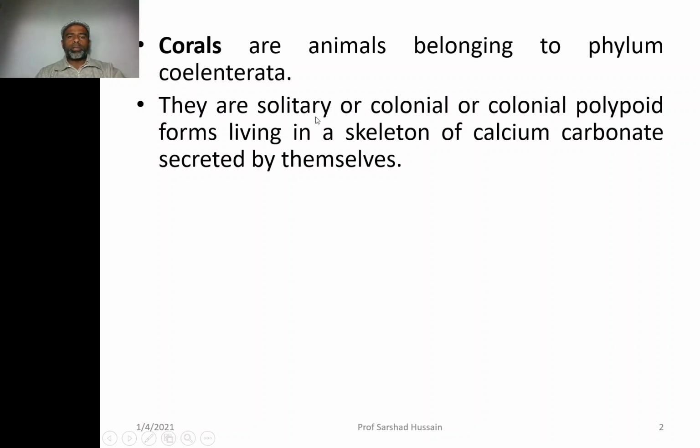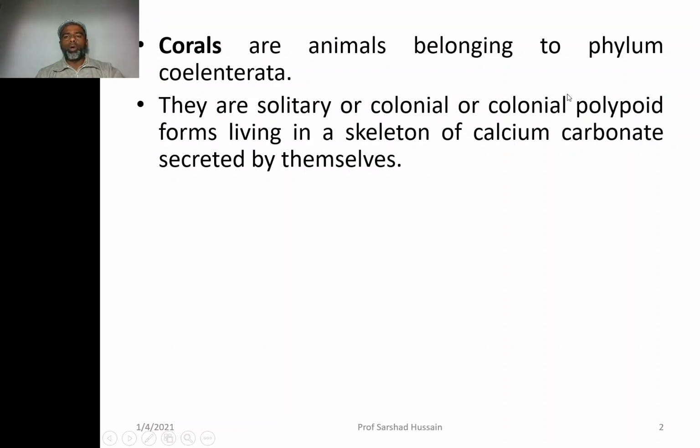Now, corals may be solitary living coelentrates or may be colonial living coelentrates. They may be colonial polypoid. I have already shown you that the coelentrates may have the two basic body organizations or body forms, either medusoid or polypoid.